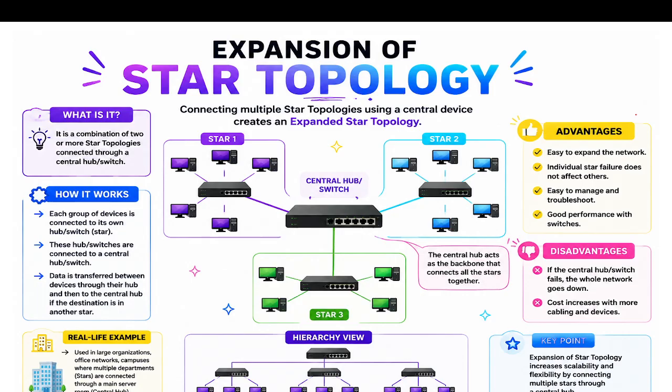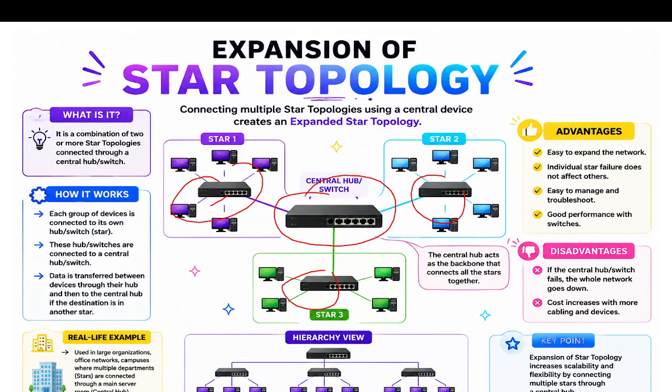The hub also means a star network can be expanded by placing another hub. You can see we have star 1, that is one central hub, next star 2, another hub, star 3, another hub, and finally we have a central hub.